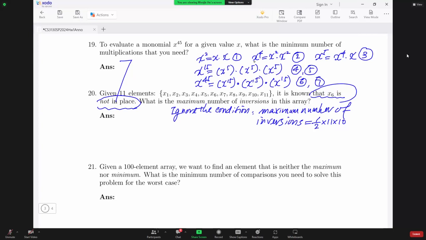Any pair of elements would give us one inversion. We just count the number of pairs, all possible pairs. So this number is 55. And we also know the input that corresponds to this case is the given array in descending order.